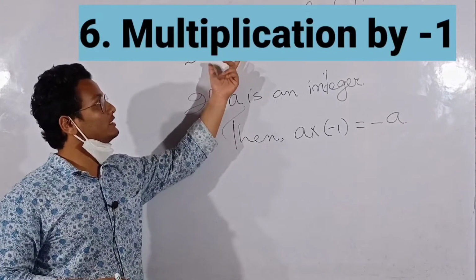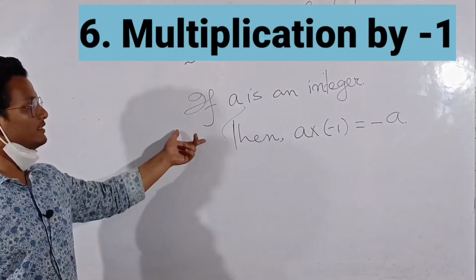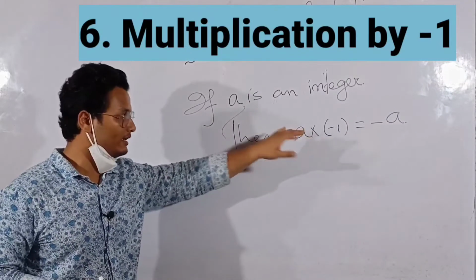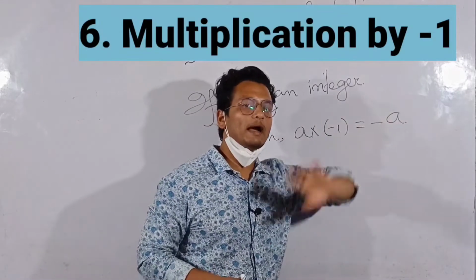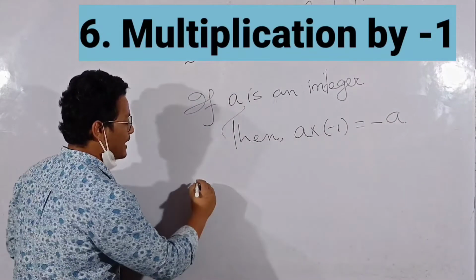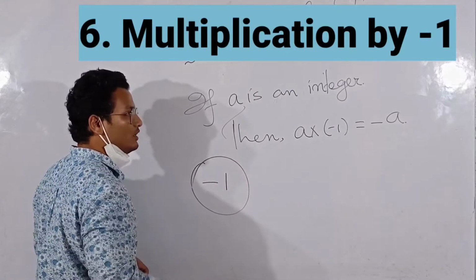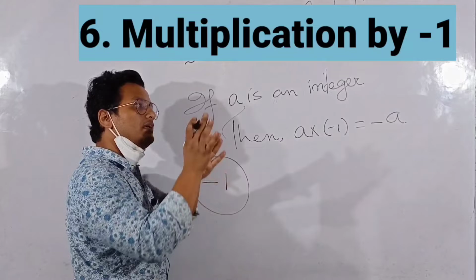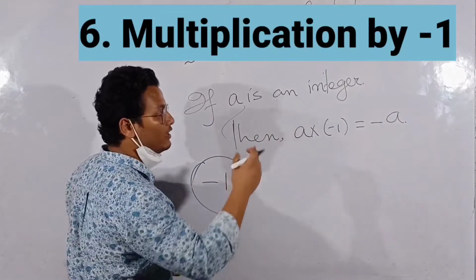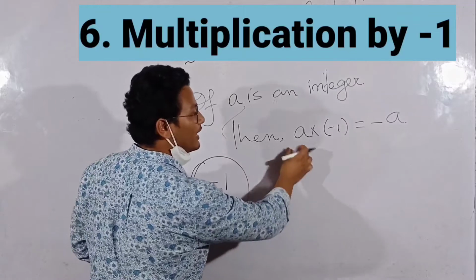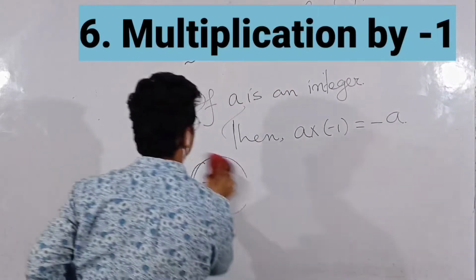Yeah, students, what is the next property? The next property is multiplication by -1. What it says is, if a is an integer, then a into -1 is equal to -a. If we multiply any integer with -1, the same integer will remain but the sign will change. If a is positive, it becomes negative, and if a is negative, it becomes positive.